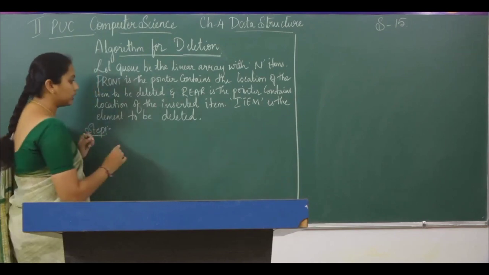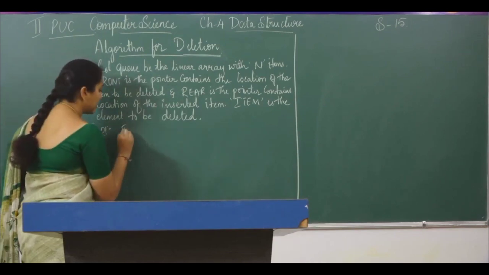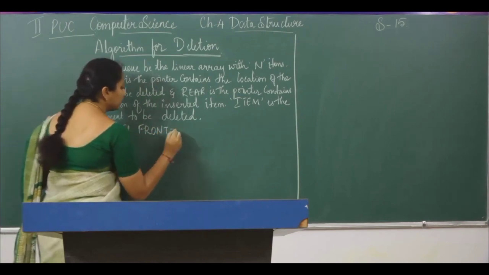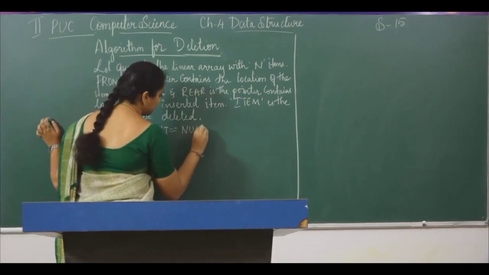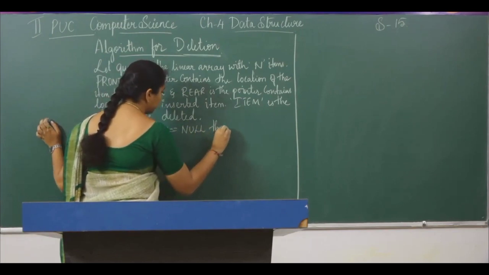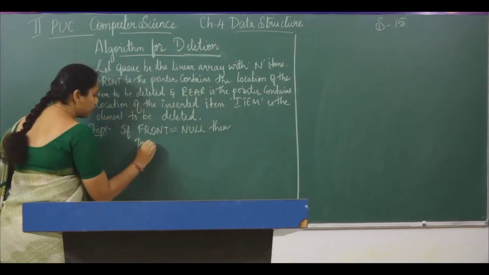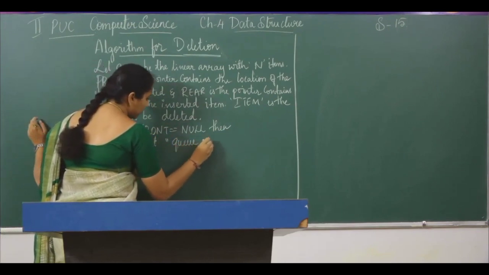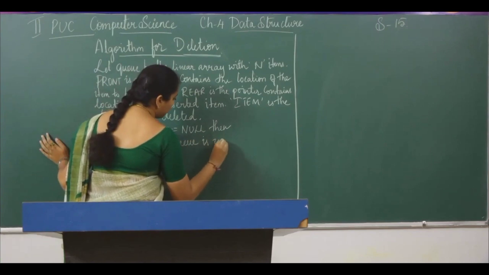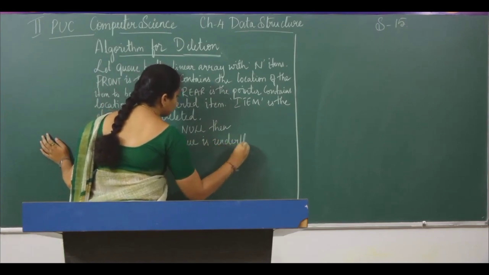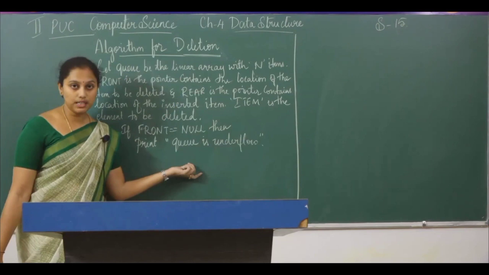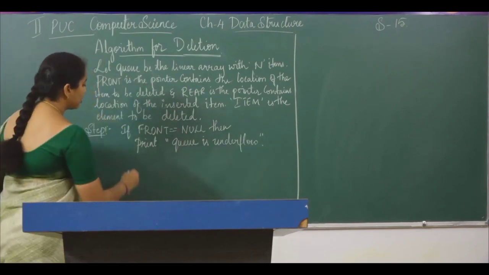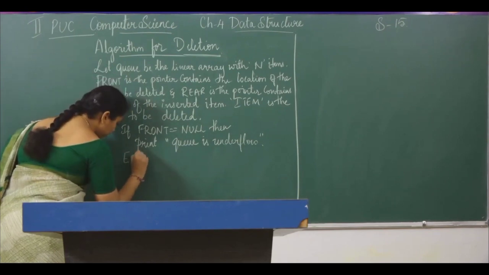So here we are checking for the underflow state, that is, if front is equal to null, then we have to print q is underflow. Q is empty, we cannot delete any item from the queue. So we are exiting from this.